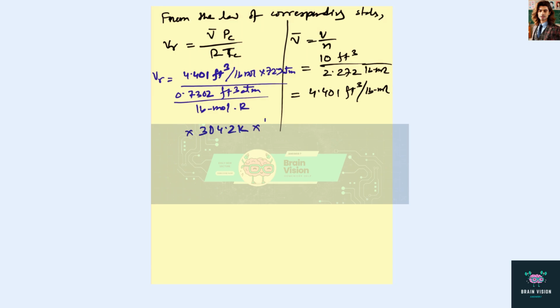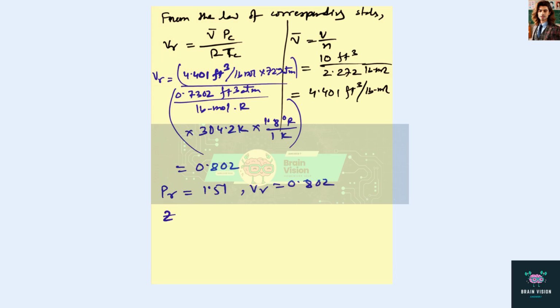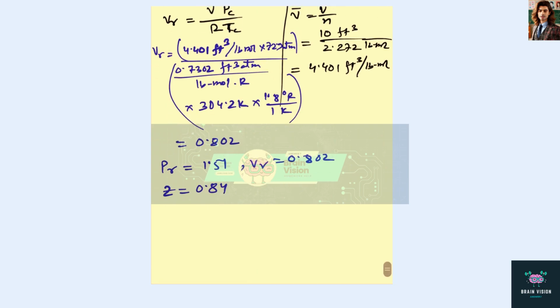Let's convert it to Rankine. And once we do this calculation, we will get the reduced volume as 0.802. Now for the reduced pressure of 1.51 and reduced volume of 0.802, we get the Z factor as 0.84.